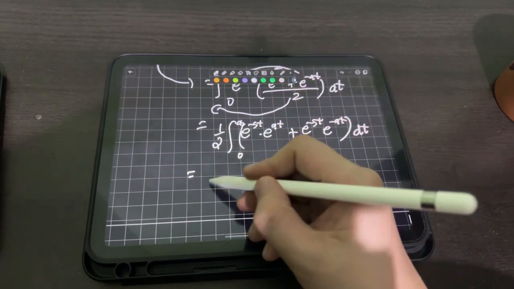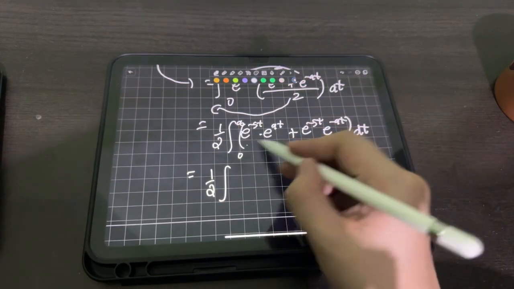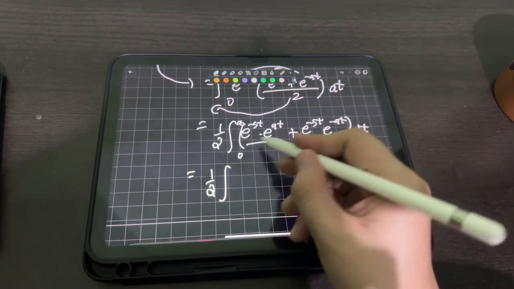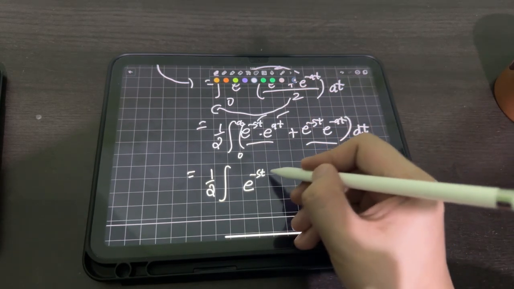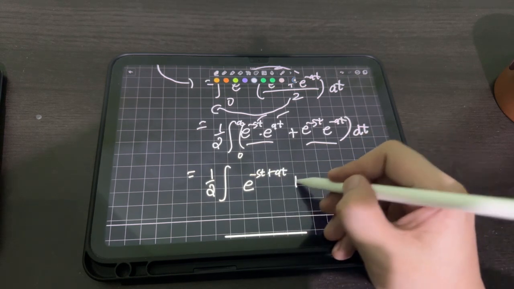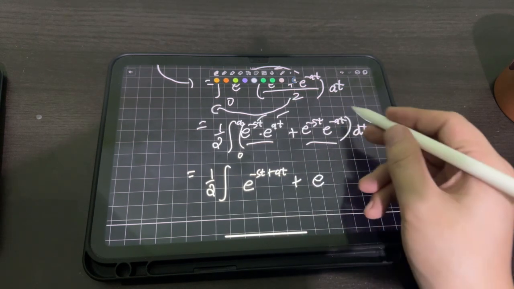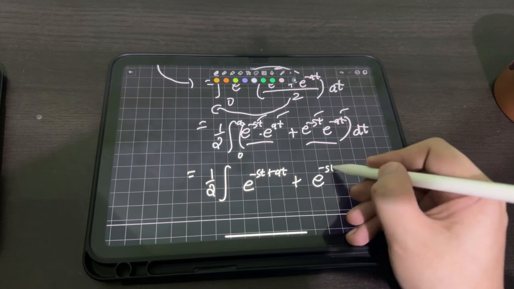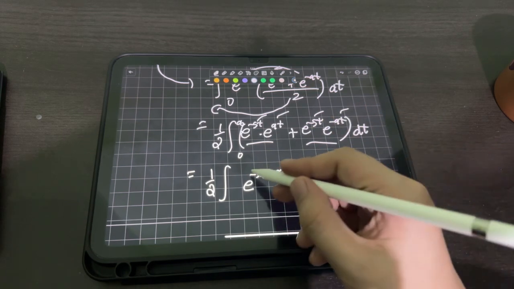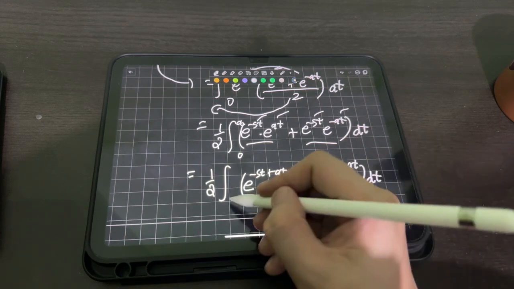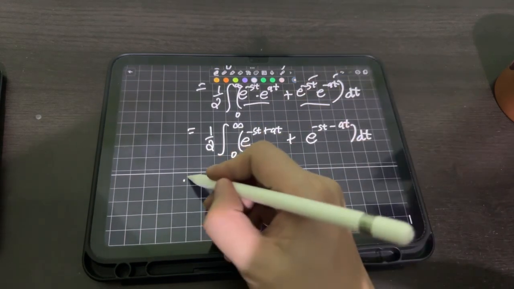So applying the multiplication law of exponents, copy the same base e and add the exponents: e to the negative st plus at. Also here, copy the base e and add the exponents: negative st minus at, quantity, dt from 0 to infinity.